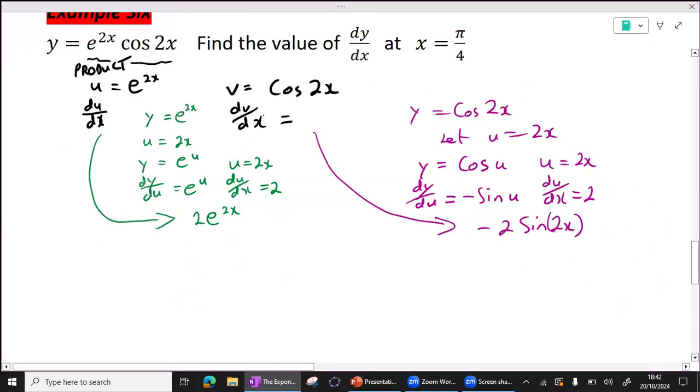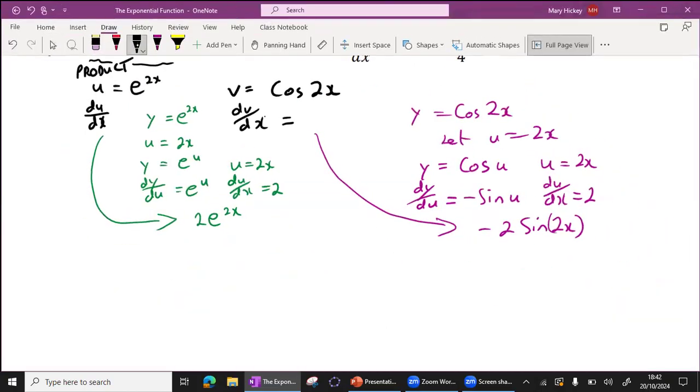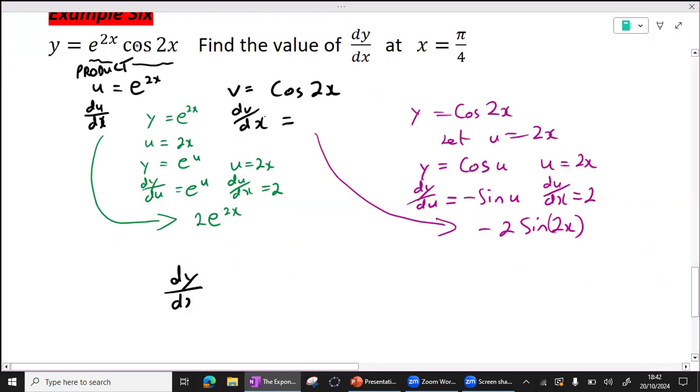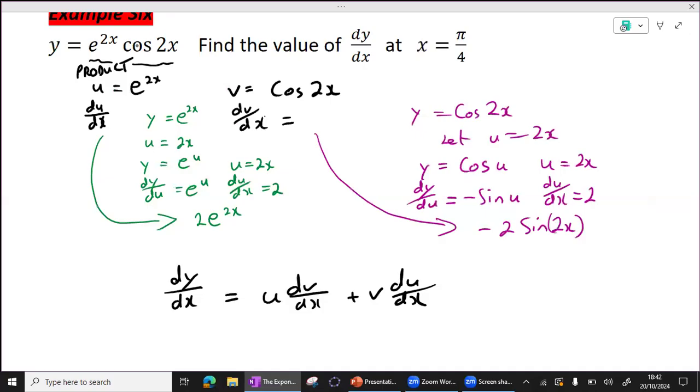So now remember, the product rule is our overall rule. So dy dx, and the product rule tells me it's u times dv dx plus v times du dx. So my u is e to the power of 2x.